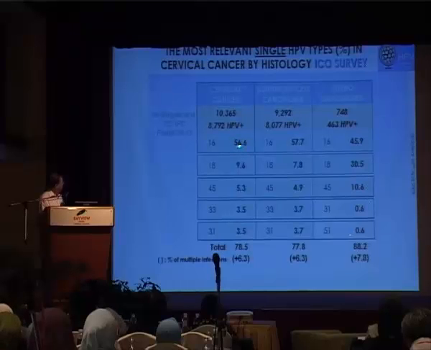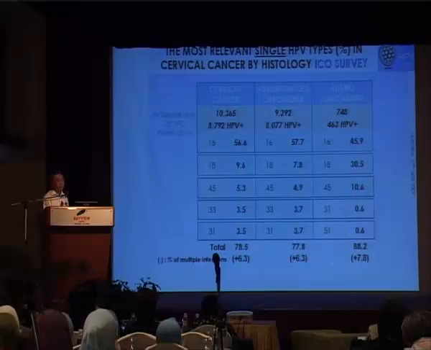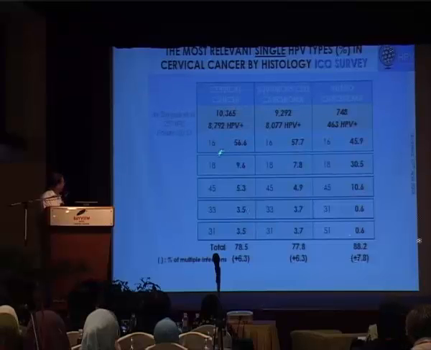accounted for 56%, found in 56% as a single HPV infection. 18 is found in just under 10% as a single type of HPV infection. If you also include those cases where there is more than one type of HPV infection but they involve 16 or 18, around 6%.